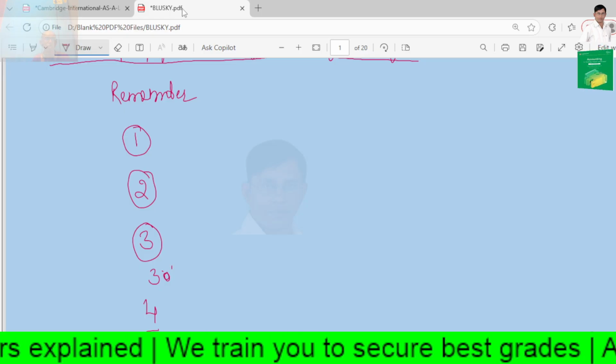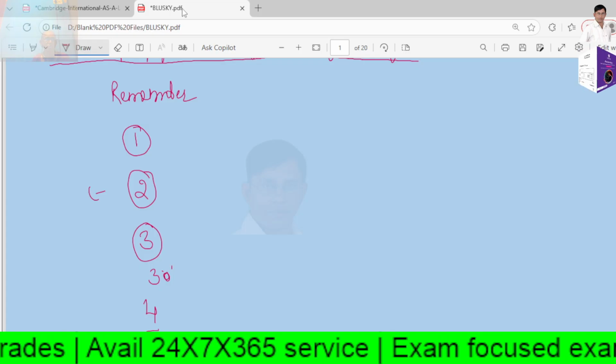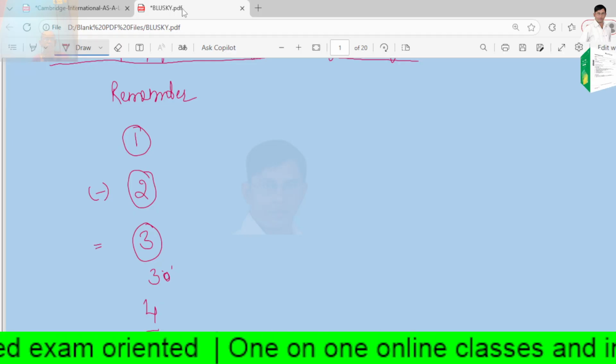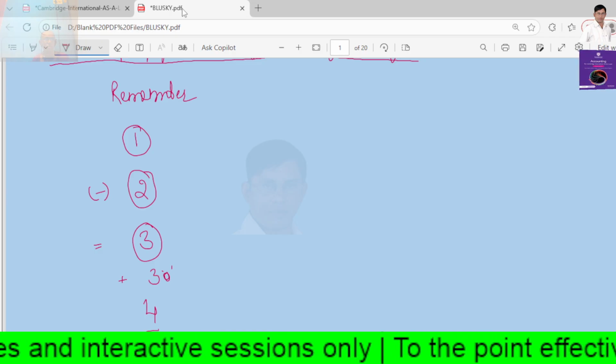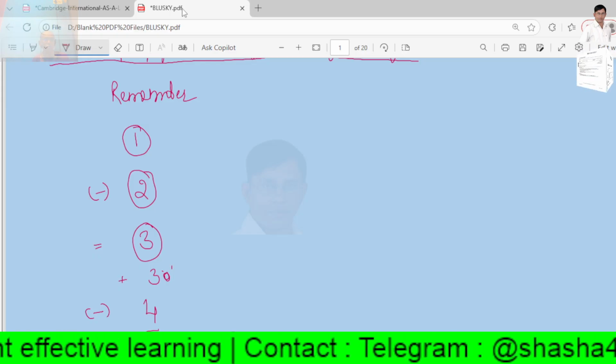First we start with number 1. Then we subtract number 2, that will give number 3. To that we add 3O. From that again you subtract 4, that will give you 5.